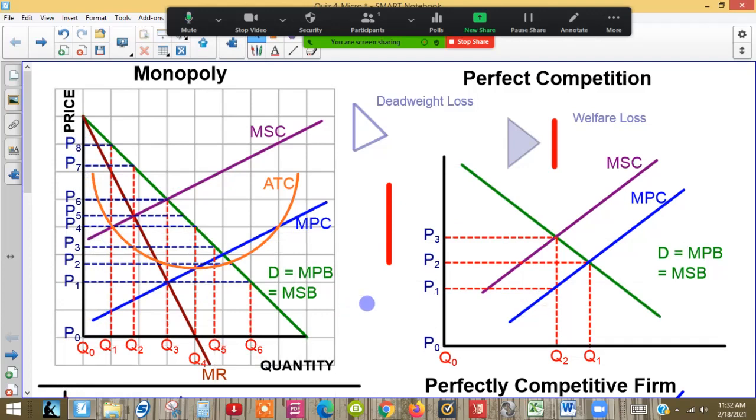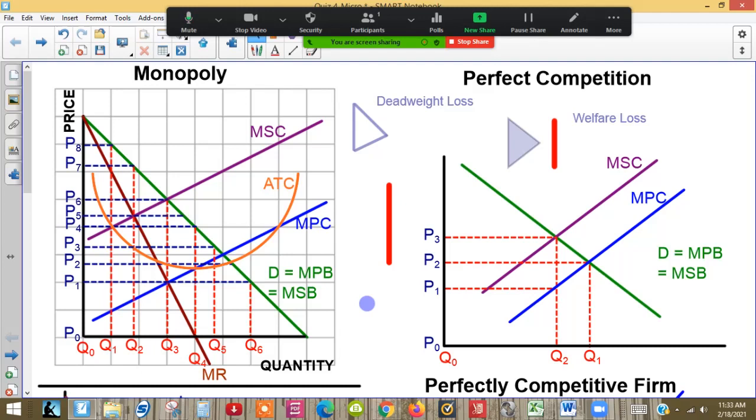So we're going to go through several, I guess you could call them questions, that we can ask about this graph, this monopoly market, and figure out how we find the answers using what we're seeing on the graph.